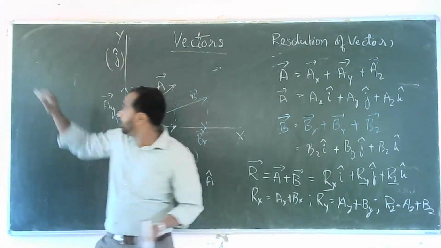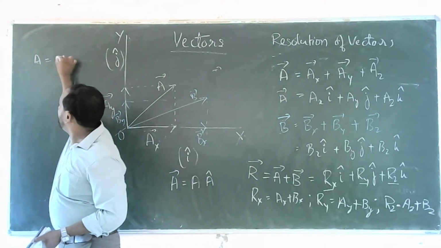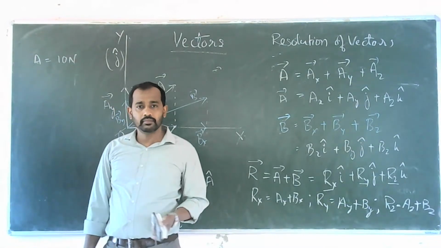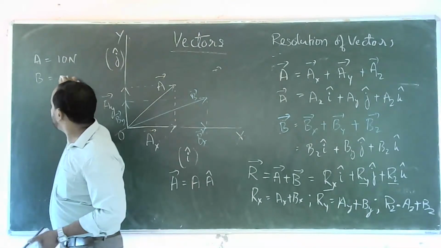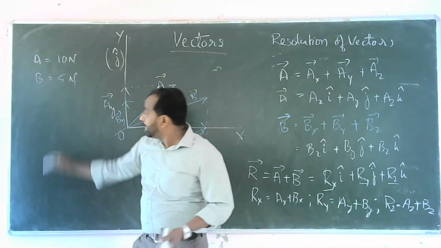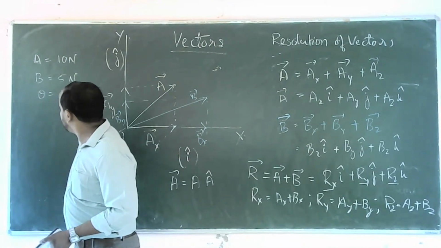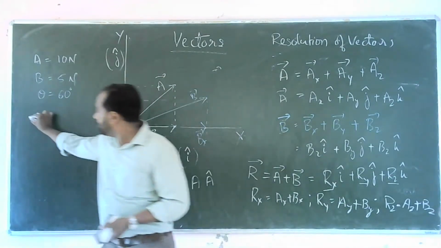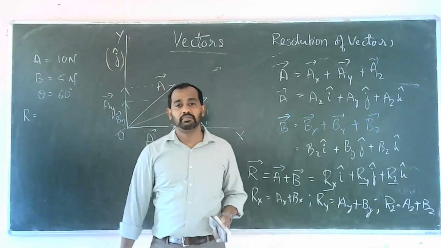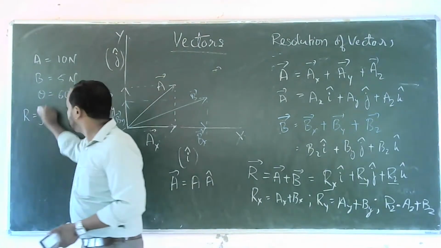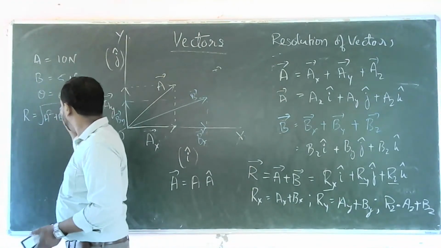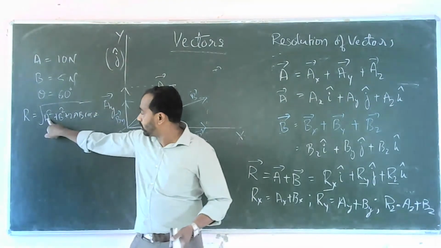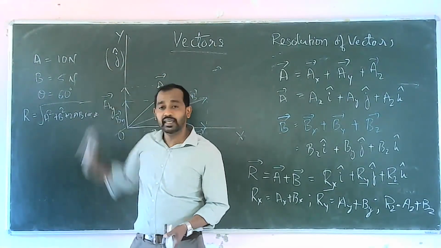If two vectors are given like this, say vector A is 10 Newton, and vector B is 5 Newton, and they maintain an angle of 60 degrees with respect to each other, then how do we find the resultant? We use the formula: resultant magnitude is equal to square root of A square plus B square plus 2AB cos theta. We know the values of A, B and theta.